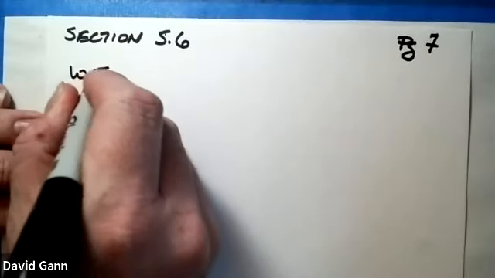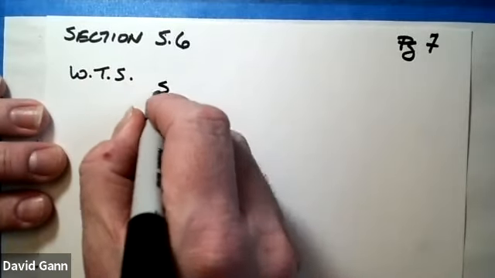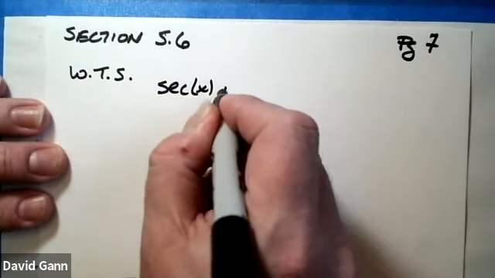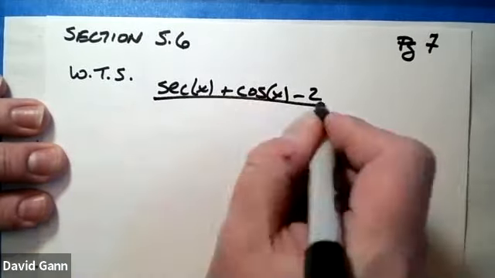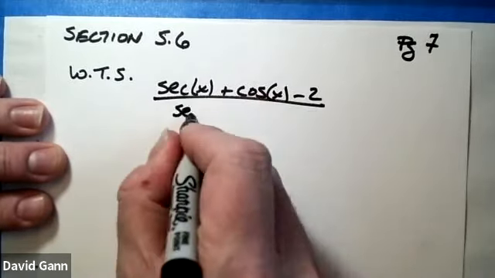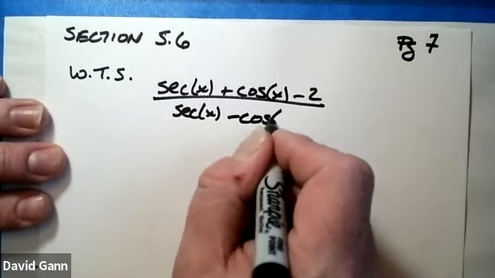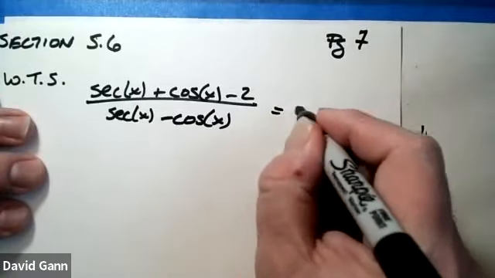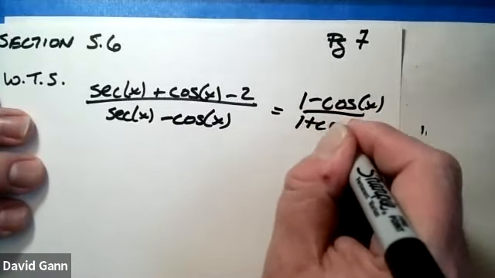We wish to show that this bizarre looking secant of x plus cosine of x minus 2 over secant of x minus cosine of x is in fact equal to 1 minus cosine of x over 1 plus cosine of x.